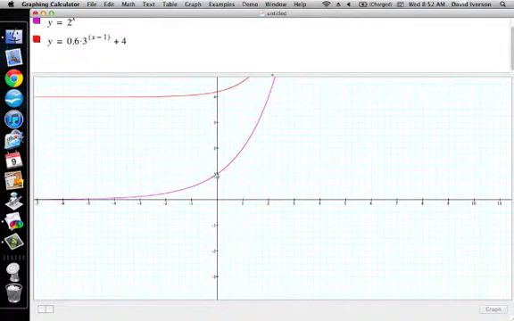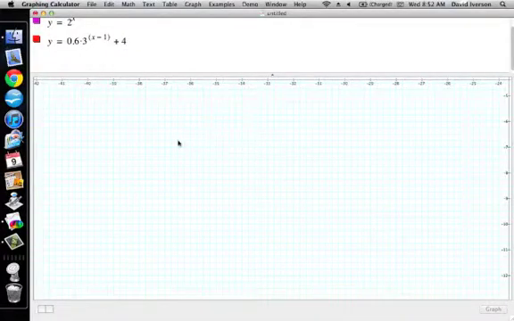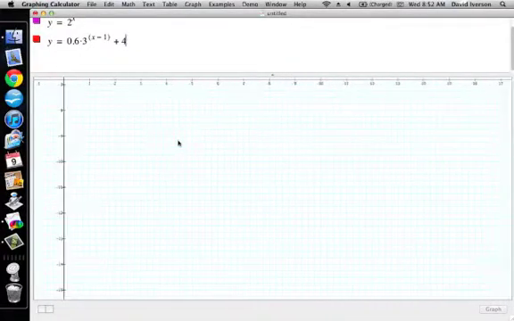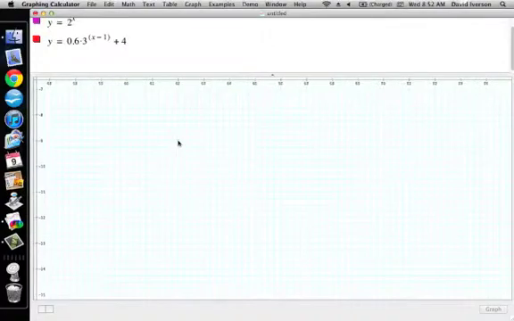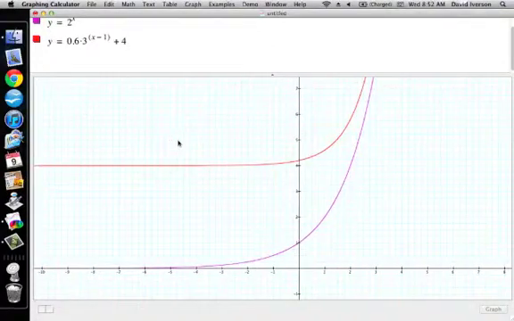Okay, so I took it and I moved it, and I don't want to get into the whole thing.